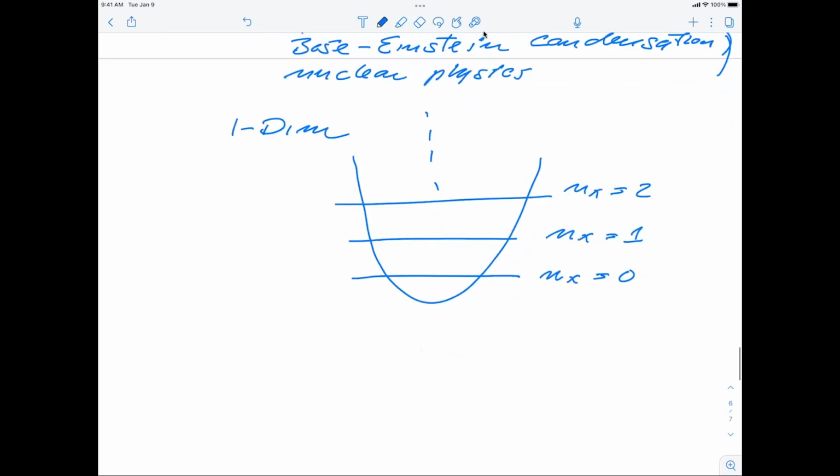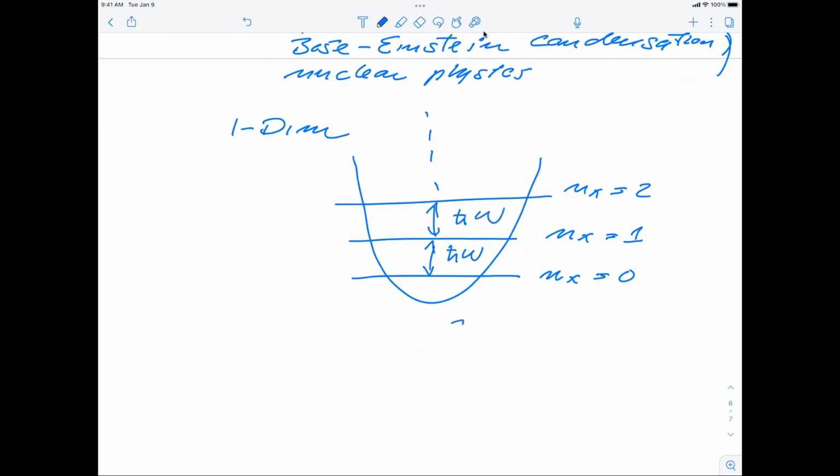Now, this is normally a solution to a problem where we have analytical solutions. So I'm also going to change a little bit the notation. So nx refers to the number of nodes. And you know that the energy here differs by a unit of h bar omega.